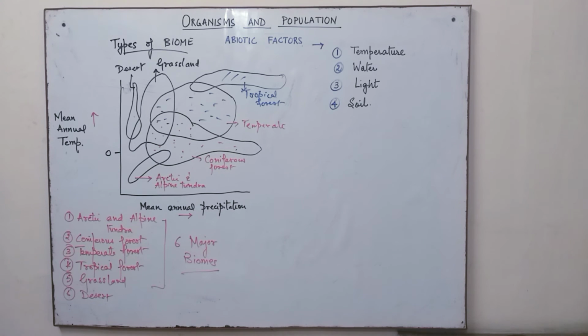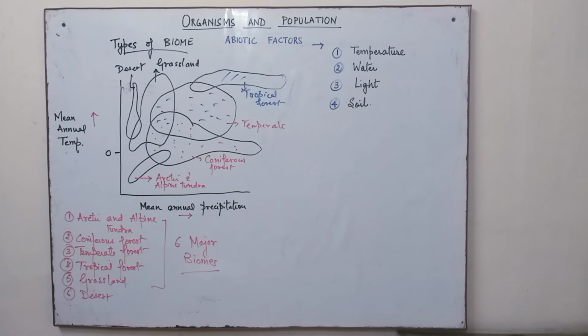As the temperature varies and the sun rays reach either directly or slant, there is a different precipitation pattern, and the precipitation and temperature result in the formation of the 6 major biomes. So here we have Arctic and Alpine tundra, coniferous forest, temperate forest, tropical forest, grassland and desert.